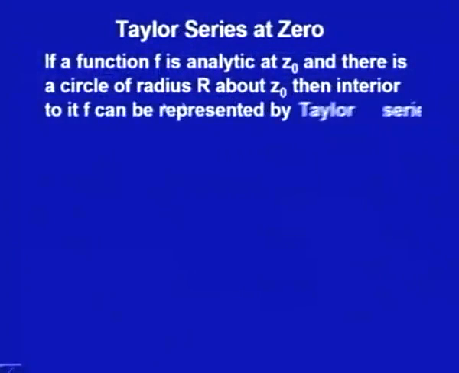If a function f is analytic at z naught and there is a circle of radius r about z naught, then interior to it, f can be represented by the Taylor series. Suppose f is analytic at z naught, that means we can always find a neighborhood in which the derivative would exist for all points, and in this interior the function can be represented by the Taylor series.